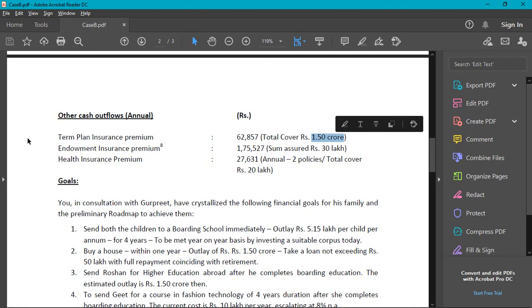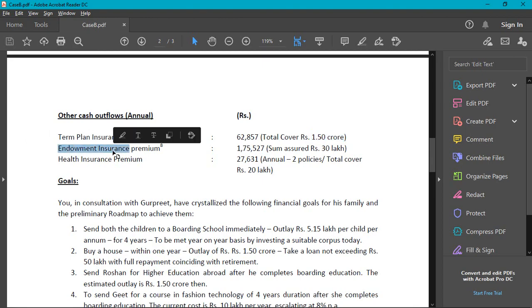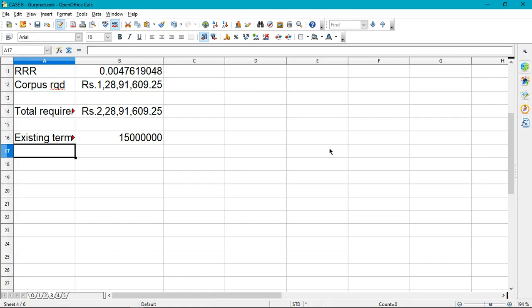And also endowment health insurance, he has a total of 30 lakhs of sum assured. Life cover, which is 30 lakhs, right?